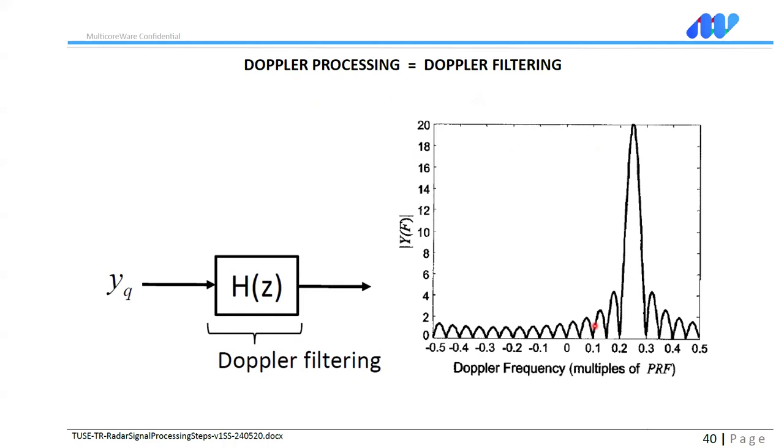So we often hear Doppler processing or Doppler filtering. They mean the same thing, but the history is different. It goes back to the times where the signals were all analog, and we didn't have any FFT hardware. So when you see engineers say Doppler, today it means FFT.